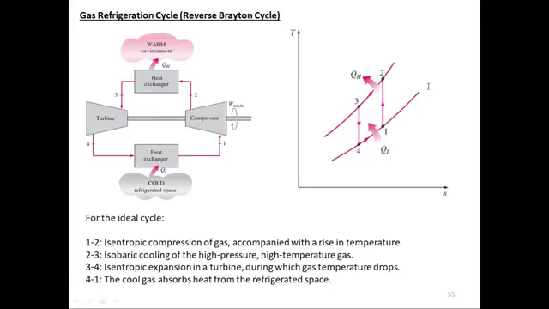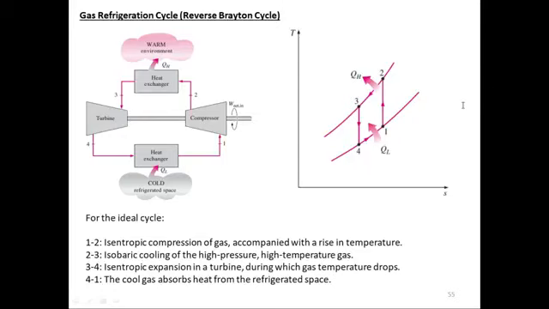As we know that the Carnot cycle, which is the standard cycle for all comparison, and the reverse Carnot cycle, which is the standard comparison for the refrigeration cycle, are identical, except they are reversed. The reverse Carnot cycle operates in the reverse direction.